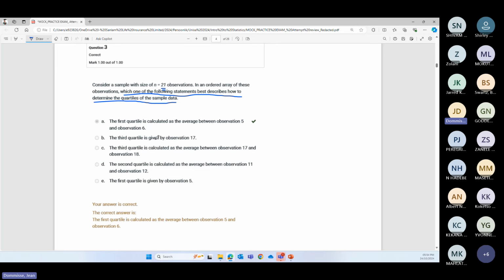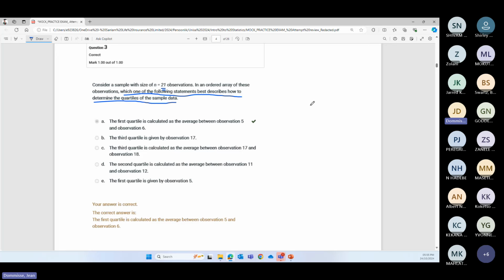The third quartile is given by observation 17. The third quartile is calculated as the average between observation 17 and 18. The second quartile is calculated as the average between observation 11 and observation 12. The first quartile is given by observation 5.